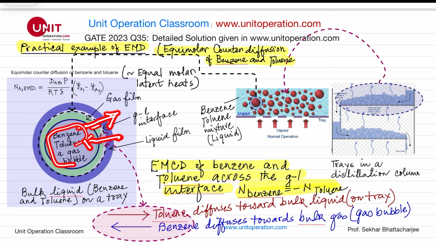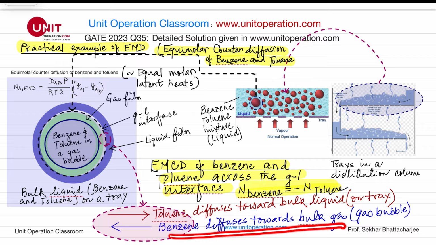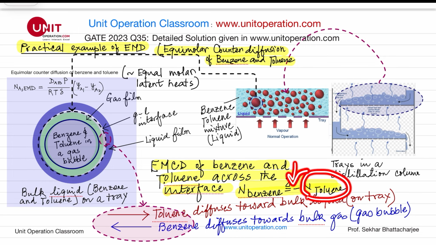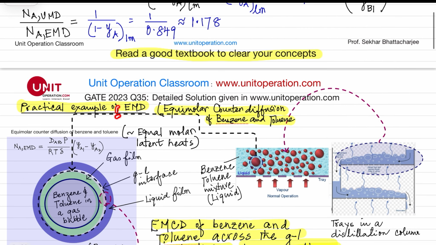That way, the gas becomes enriched as it moves upward in the enriching section. So there's a movement of toluene here, and this is the movement of benzene. Toluene diffuses towards the bulk liquid, and benzene diffuses towards the bulk gas. And of course, the molar flux of benzene is going to be the same as the molar flux of toluene, but in the opposite direction. So that is an example of EMD.